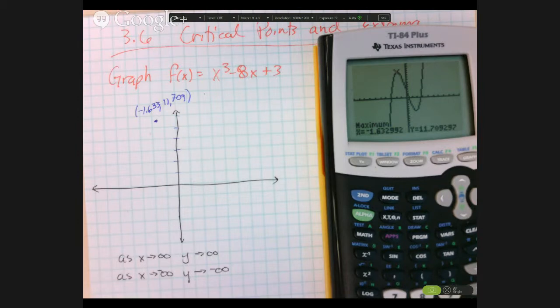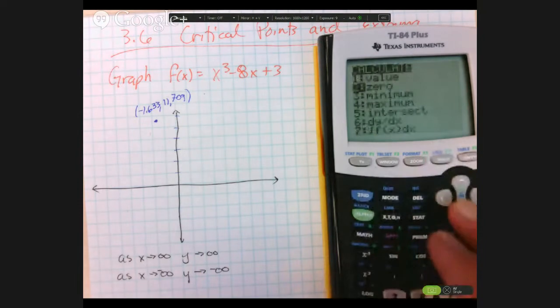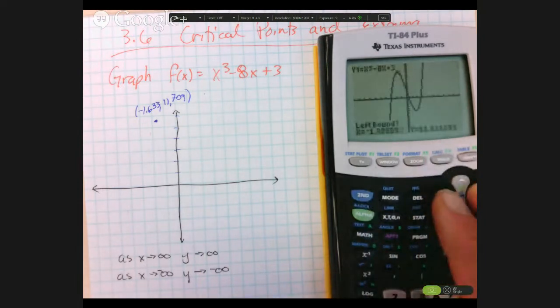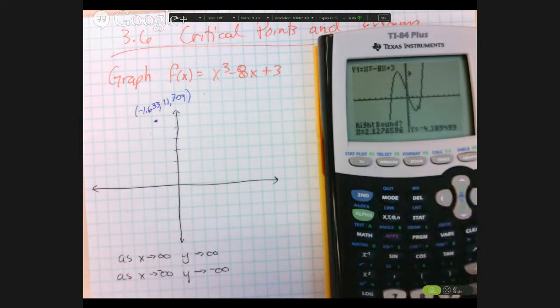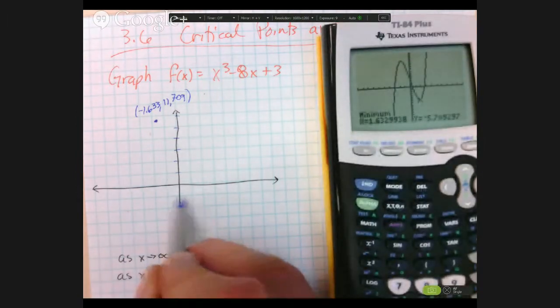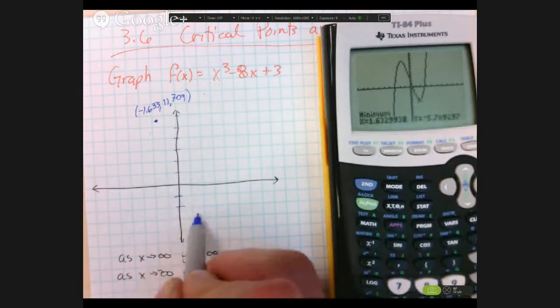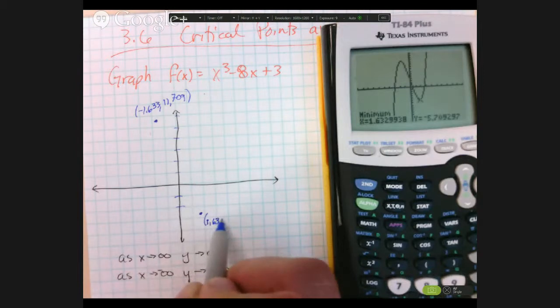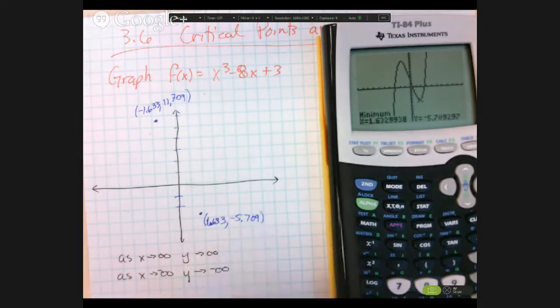And now you can do a minimum as well. Does anybody need help? Go to the top one. Left bound still? Yep. Who needs help?